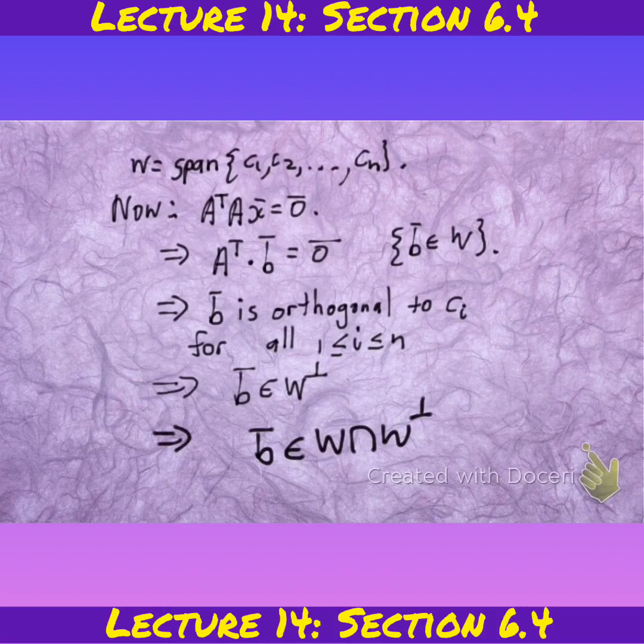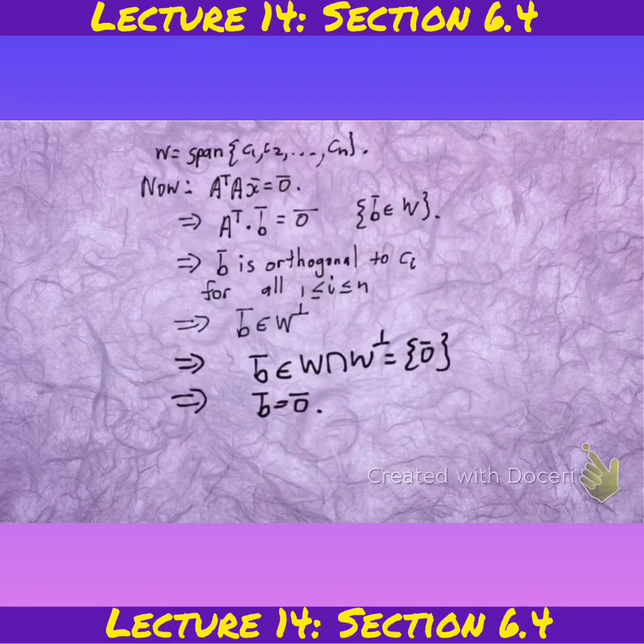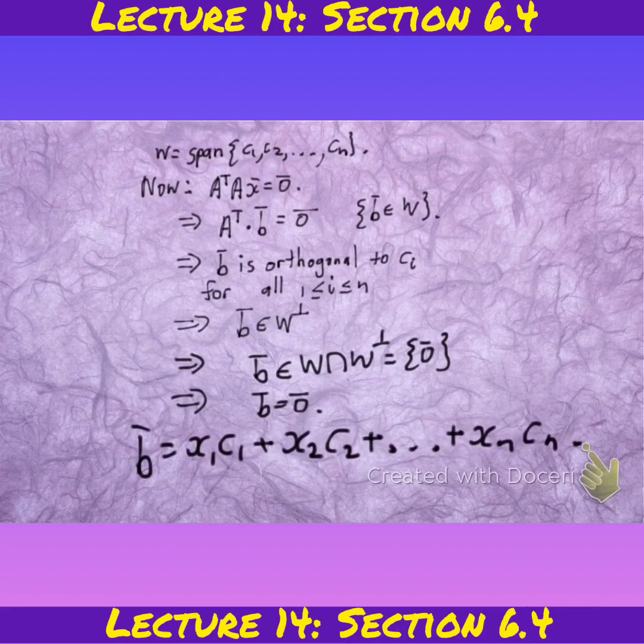And we know the intersection between W and its orthogonal complement can only be the 0 vector, right? So it's going to mean that B is the 0 vector, okay?